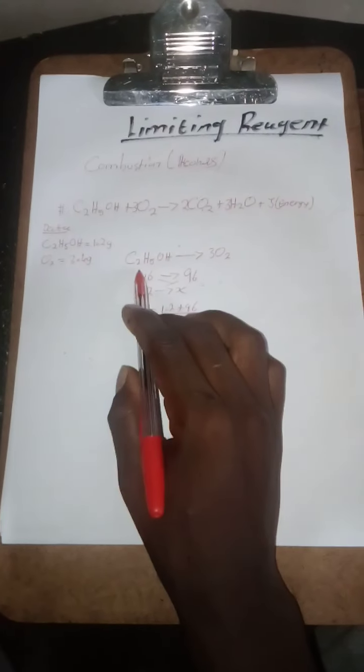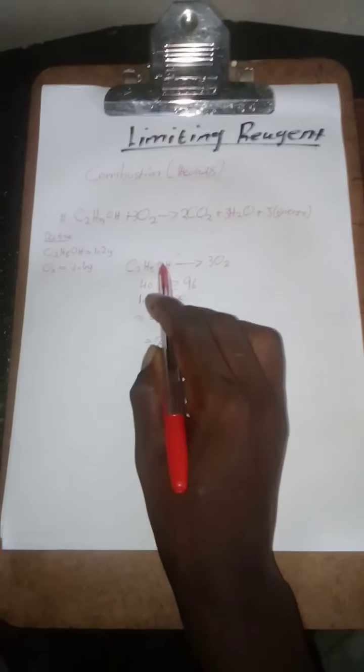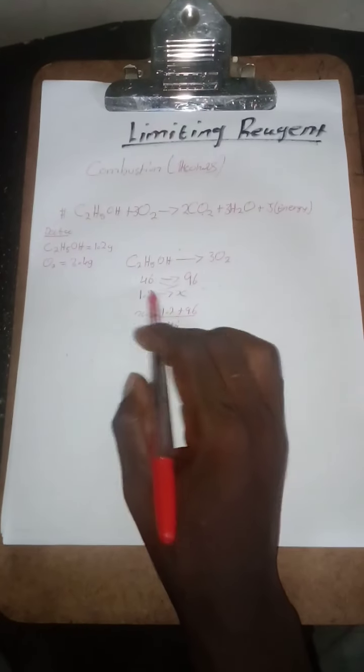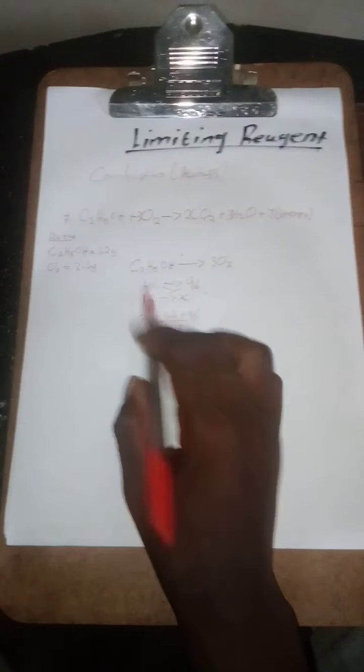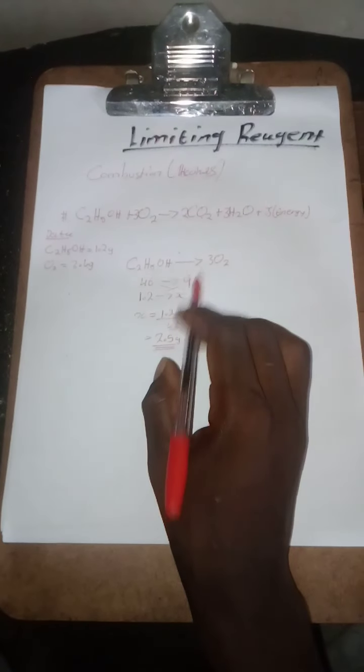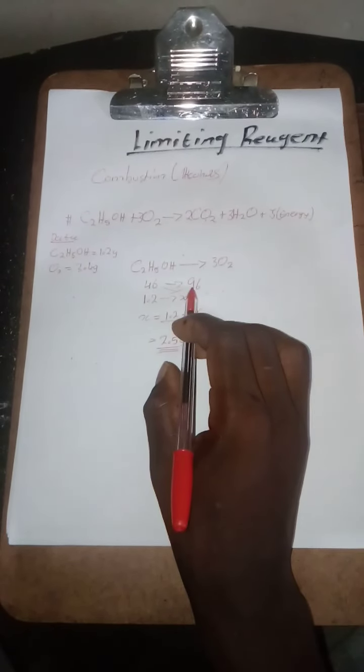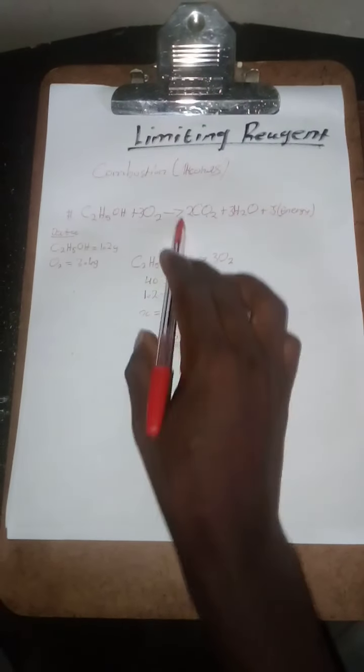I get the ethanol, I equate it with oxygen. This is the relative molecular mass of ethanol, and this is the relative molecular mass of oxygen from the balanced equation.